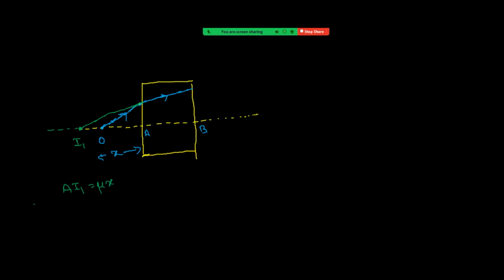Now after refraction, rays are falling on the other face. That means this image I1 is acting as the object for this refraction. I am repeating, this image I1 is acting as the object for this face because rays are falling on this face.